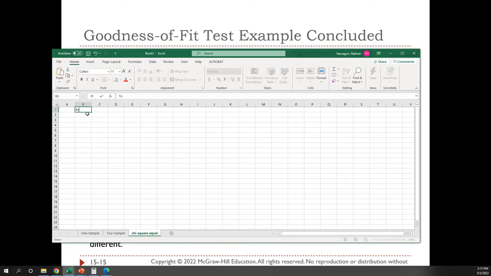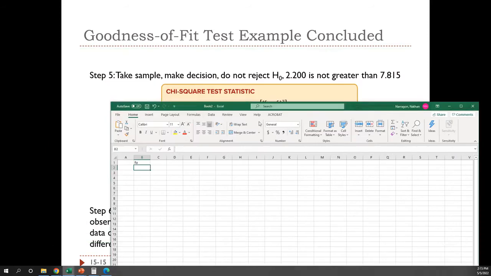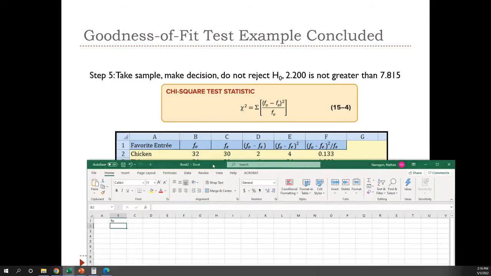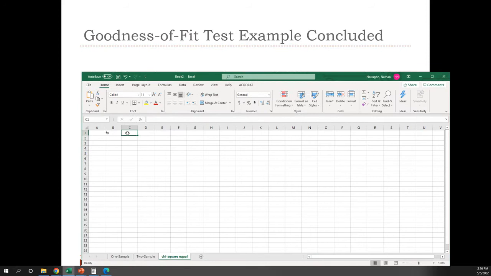FO, this is our basic numbers, so we're not going to really mess with those. FE, these two we will have to input no matter what we do. Now we have FO minus FE. So this will equal whatever this is minus this number.